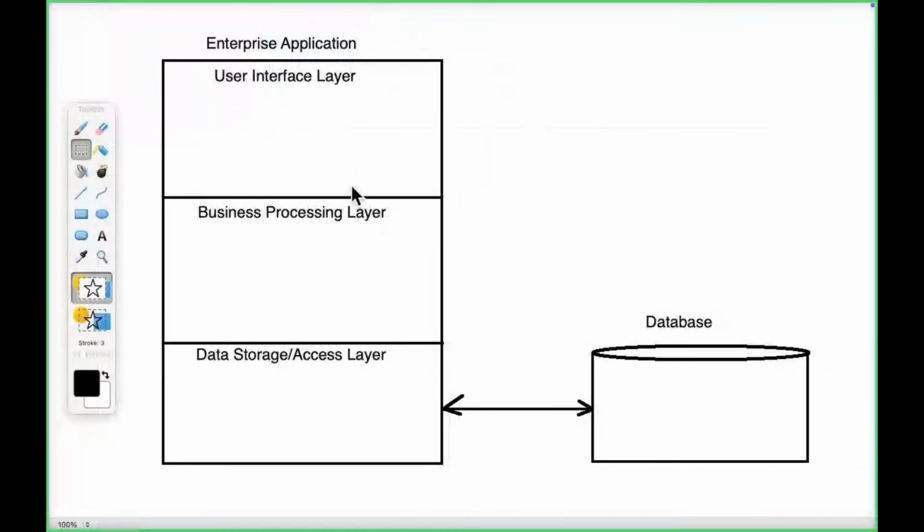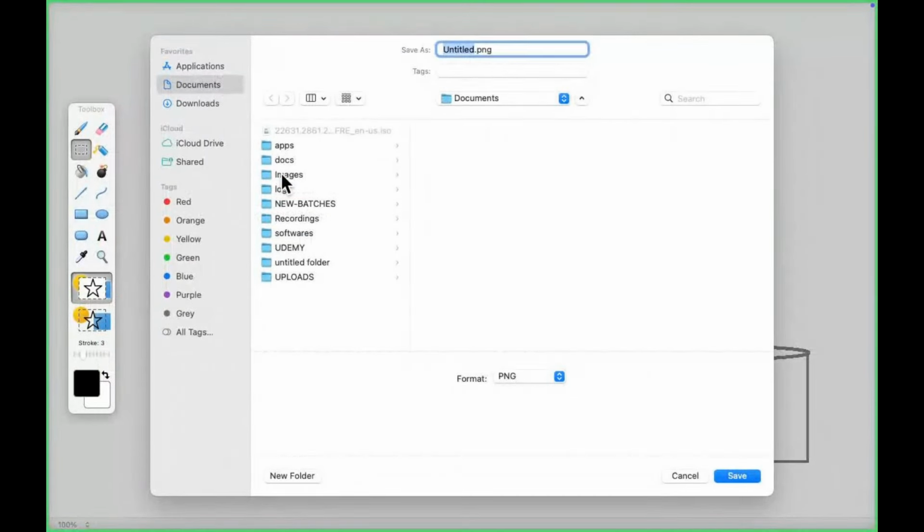Before this, I want to save this one as an image. The title is Enterprise Application Architecture, .png file.